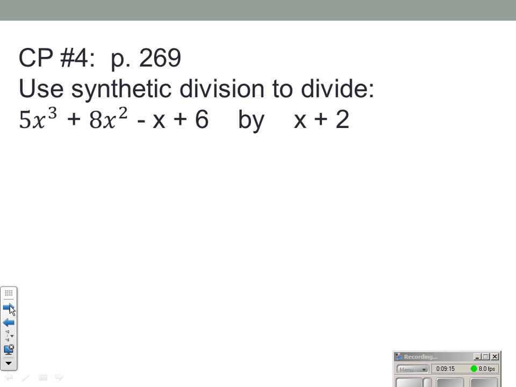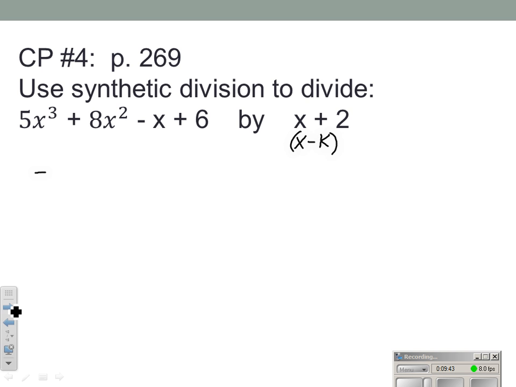So let's give it a shot. If we were going to use synthetic division on this problem, okay, our x minus k factor, remember our x minus k is that factor. So if you're seeing a positive 2 there, what was k in order to have x plus 2 as my factor? Well, k would have been a negative 2.